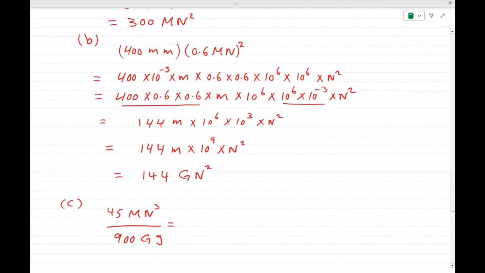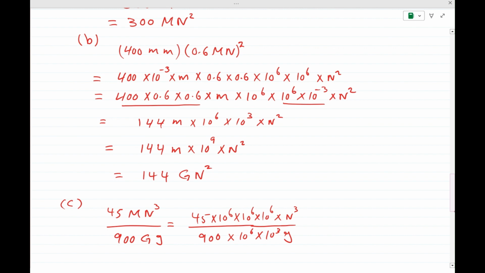This equals 45 mega cubed, which is 10 to the power 6 times 10 to the power 6 times 10 to the power 6 because it's cubed, times newton cubed, over 900 times giga, which is 10 to the power 9, but I can write it as 10 to the power 6 times 10 to the power 3 gram.